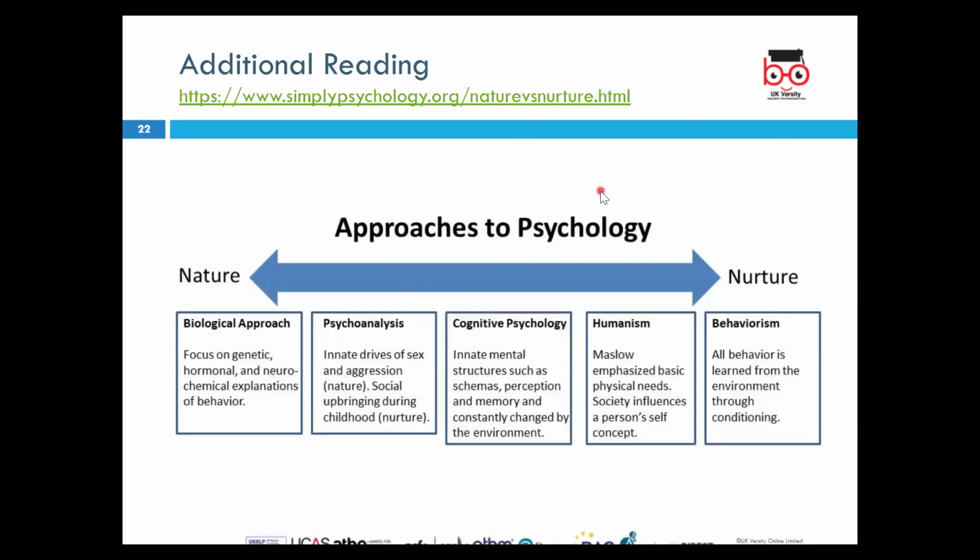This is approaches to psychology. There's one end, nature, which is more biological, and to the other end there's nurture, which is more in terms of behavior: what does the person see in their environment, what do they learn from their environment.